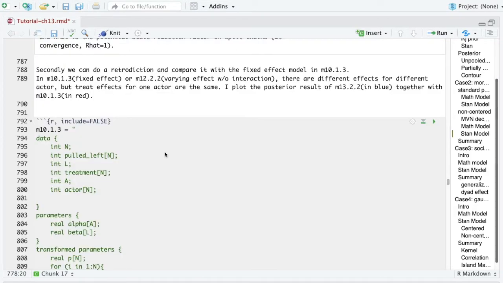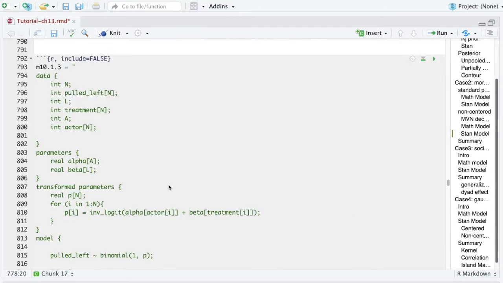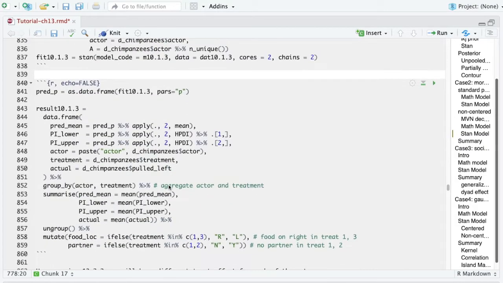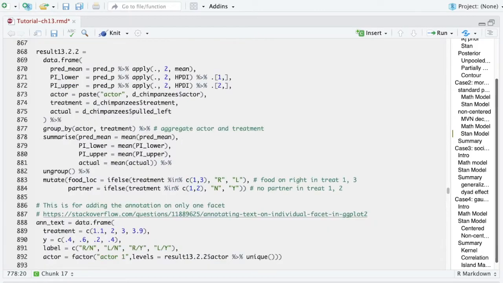In the last part, I want to visualize the model and compare this most complicated version of the chimpanzee model with the most basic one we had in chapter 10. Here you can see I copy and paste the model we used in chapter 10 and use the same code to generate the prediction. But for the model in this chapter, since we have different effects for different chimpanzees and different treatments, we have to use a group by function here, aggregating the result for each combination of actor and treatment.